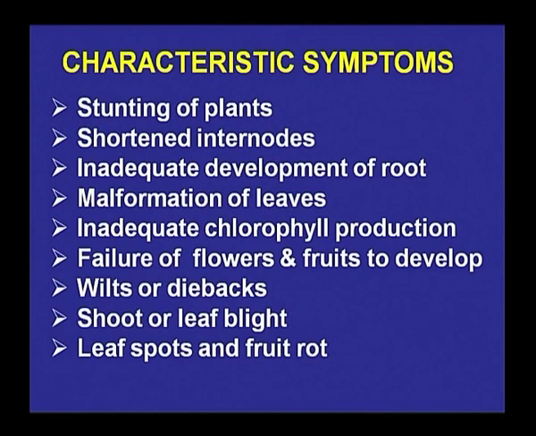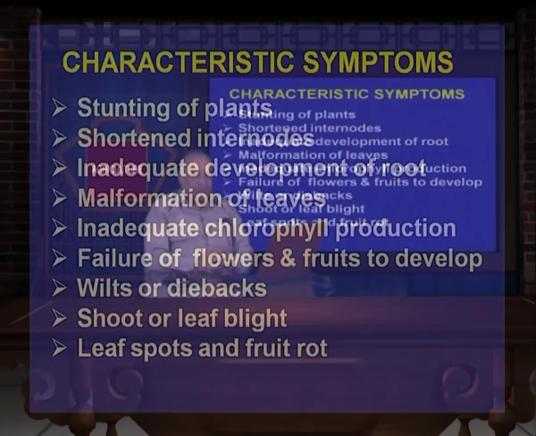Characteristic symptoms of plant disease are mostly stunting of the plants, where the plant is stunted and internodes become shorter, inadequate development of roots, and malformation of leaves. There are certain puckering and many deformations in the leaves during diseased conditions. And we see inadequate chlorophyll production in many plants when they are affected by different pathogens.